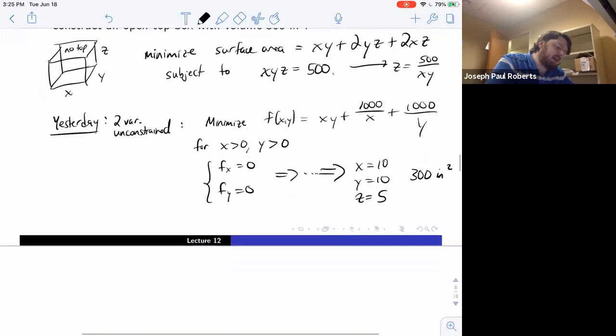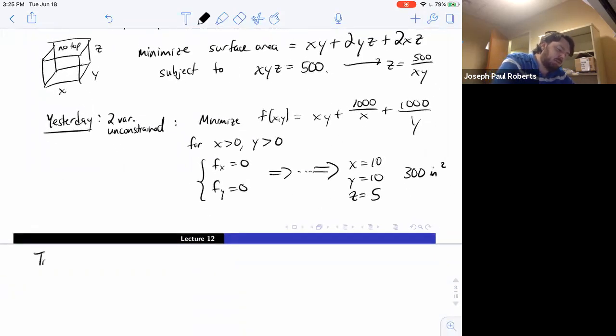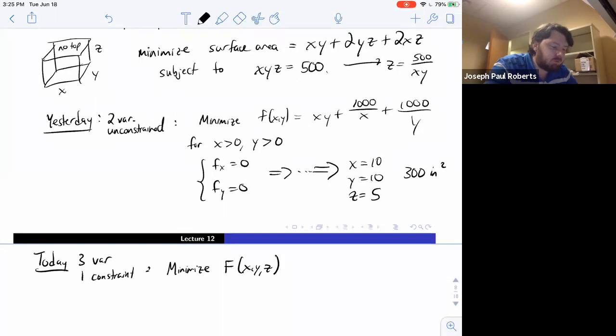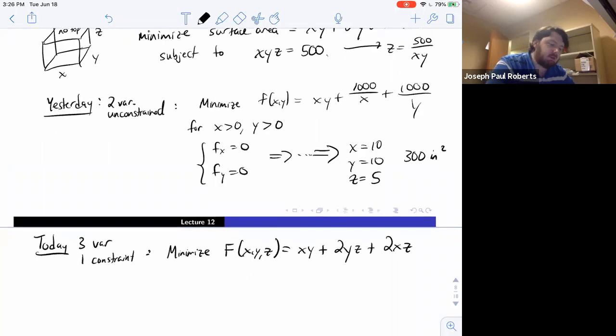And so instead today, I want to show you how to treat this as a three-variable one constraint. So in this case, we'll want to minimize, I'll use a capital F just because it's a different function, so we're not confused, but leave surface area in terms of x, y, and z, but then leave the volume constraint as a constraint.